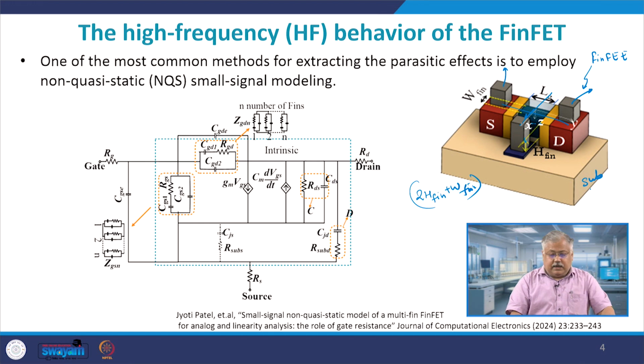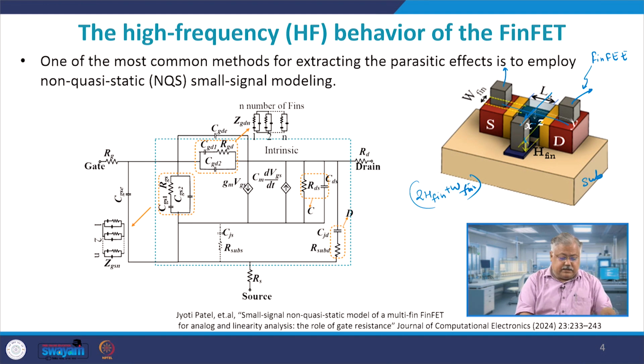Now if you look at the left hand side, it gives you the equivalent parasitic model of a short channel FinFET design. If you look very carefully, the equivalent model has many multiple capacitances and resistances in series and in parallel to the device structure.